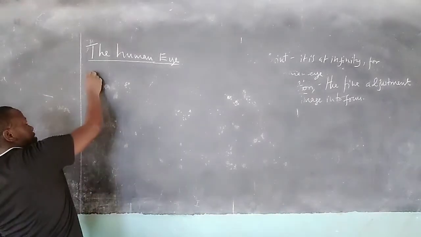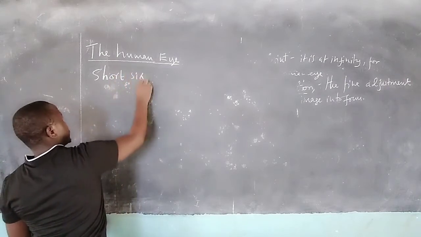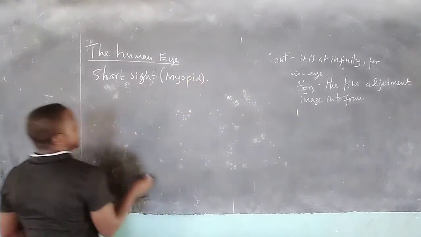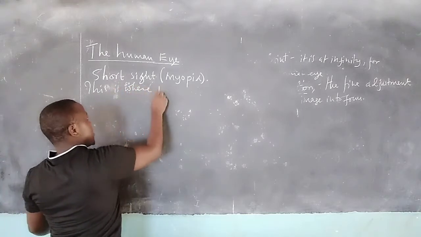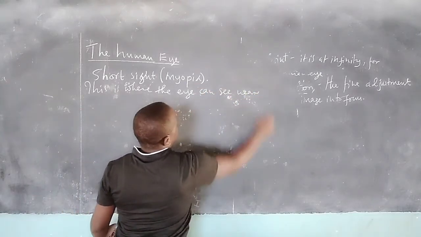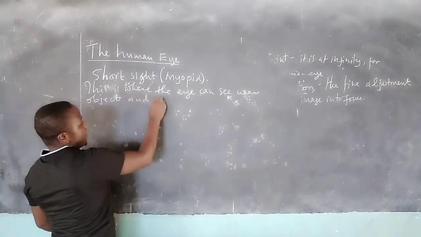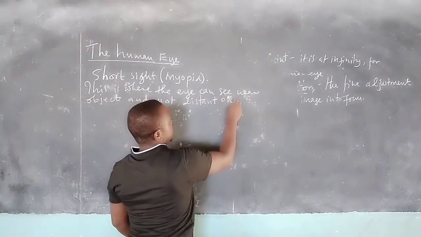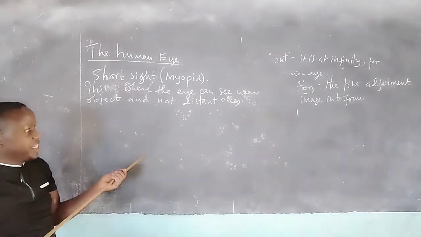This is a defect where the eye can see near objects and not distant ones. So rays from a near object are focused on the retina.